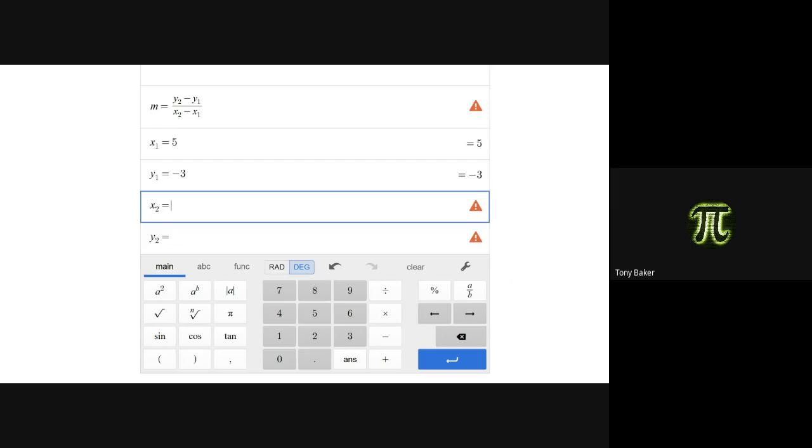So I put the equation for the slope, m equals y2 minus y1 over x2 minus x1, and then you just put each of those as separate lines. This way I can type whatever I want into those lines, and it's going to give me my answer at the top. So for example, in this one, it was 4.9, and there's my slope.